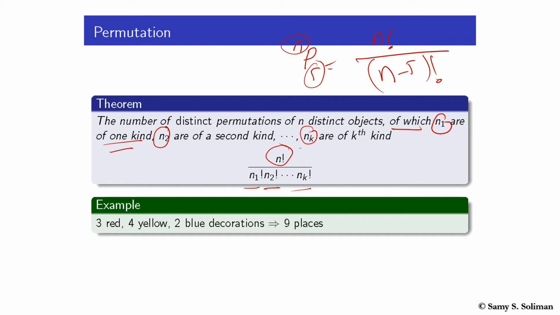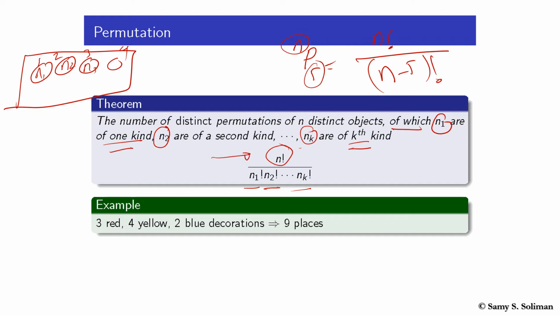Now if those n objects are divided into k groups, the first group, second, third, up to the kth group, and each group has n1 objects, n2 objects, n3 objects, and so forth, the number of distinct permutations to have such an arrangement is n factorial divided by n1 factorial times n2 factorial, and so on till nk factorial.